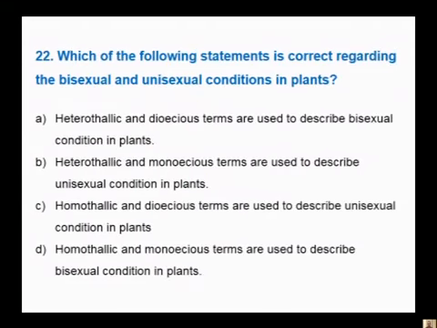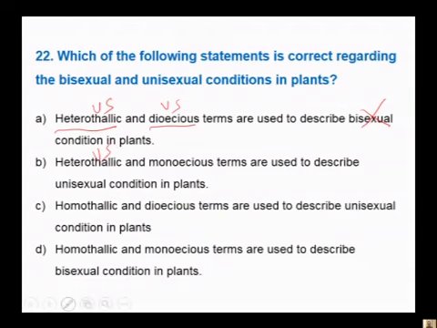Which of the following statements is correct regarding the bisexual and unisexual condition in plants? Heterothallic means unisexual. Dioecious is also unisexual. The terms are used to describe the bisexual condition? Therefore, it is wrong, because these two terms are for the unisexual condition. Heterothallic, unisexual.